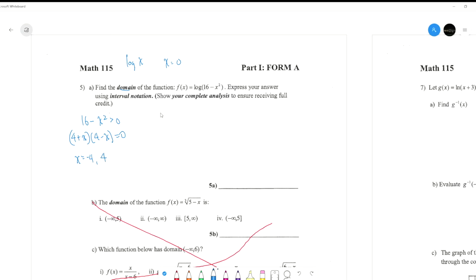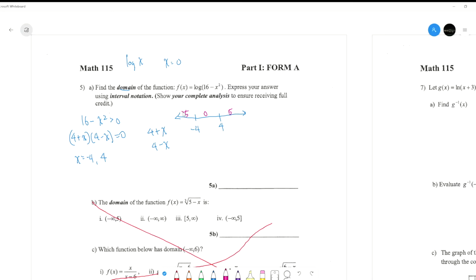And then for the analysis part, I don't know how they're going to ask you in the essay portion, but I would imagine you just type in numbers. They'll have these empty spots for you to type in these different numbers. So here's -4 and +4. And then I'm going to substitute -5, 0, and 5.